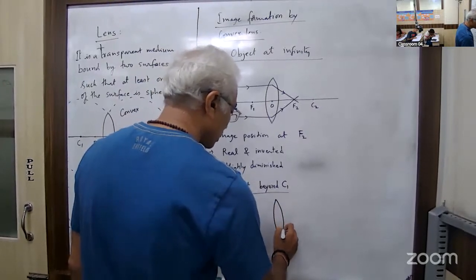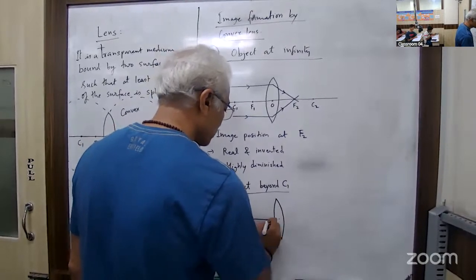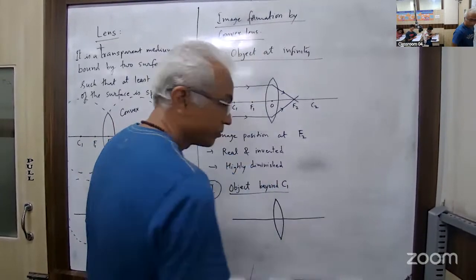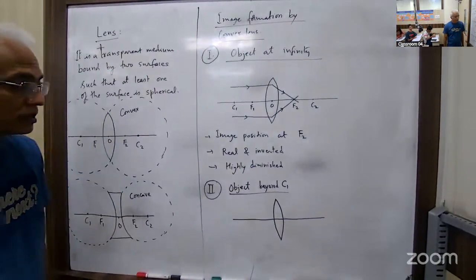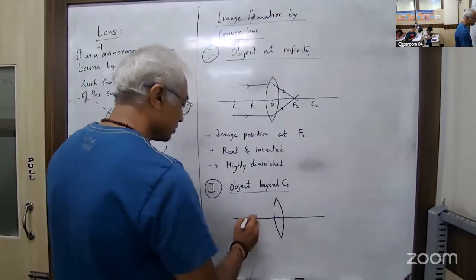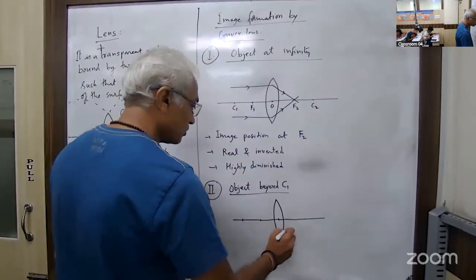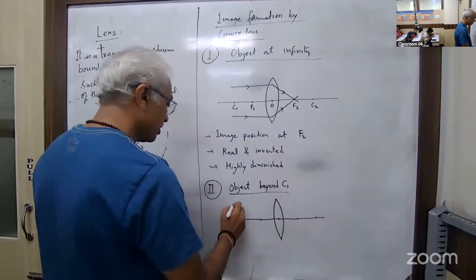So recall what was the image position for an object beyond C1? Between F and C in that case. So here, let us say your object is here.